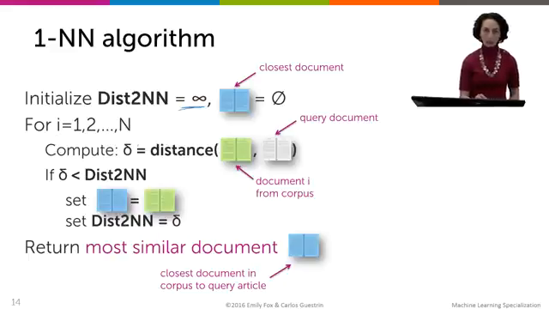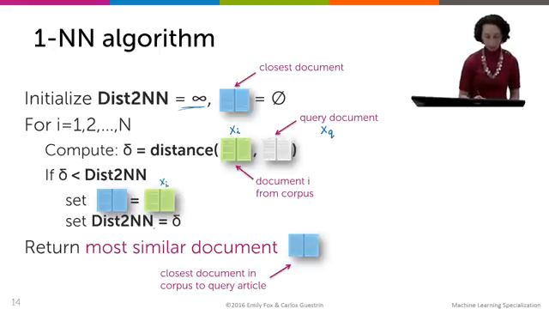And then for every document in our corpus labeled 1 to capital N, we're going to compute the distance between our query article, XQ, and the ith document in the corpus, XI. And if that distance is less than the distance to the nearest neighbor that we found so far, then we're going to set this blue nearest neighbor document equal to XI.